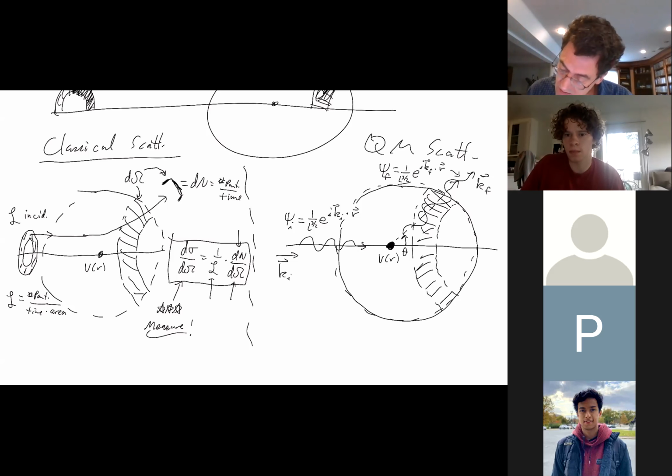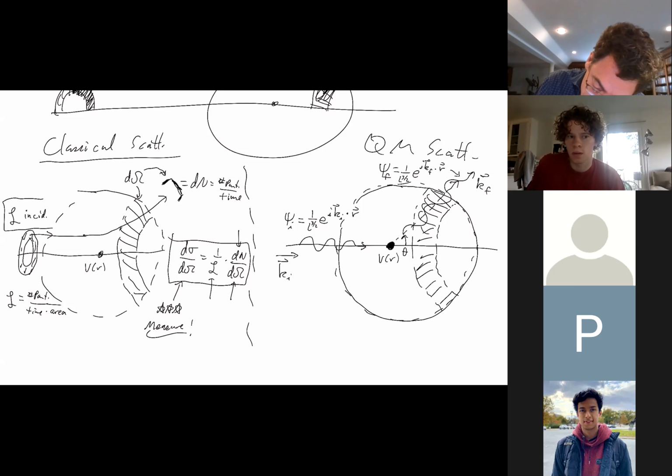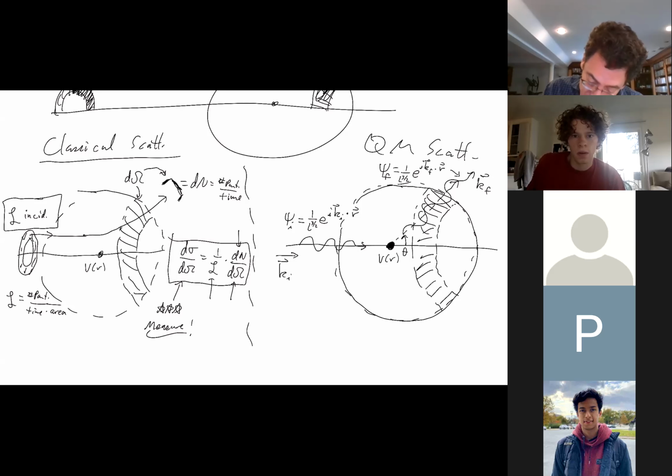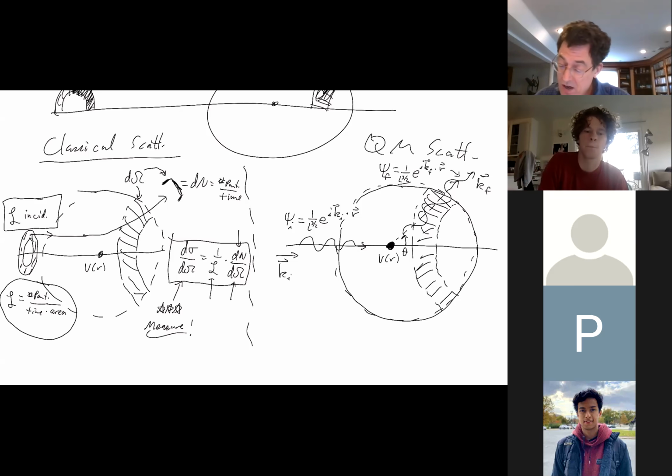But then how do I connect? Here I had the incident luminosity. So what is the quantum mechanical analog of the luminosity? Because the luminosity is defined as number of particles per time per area.